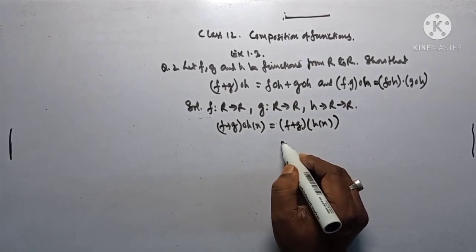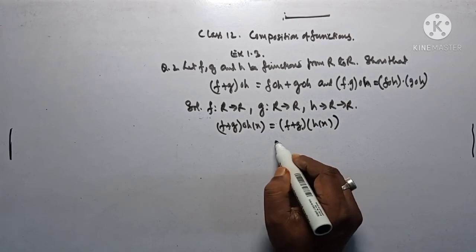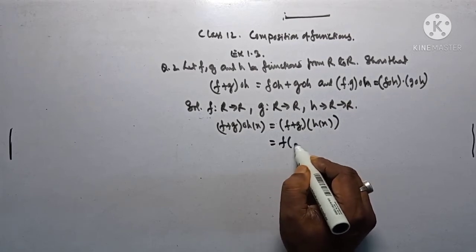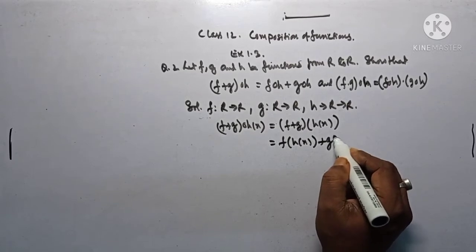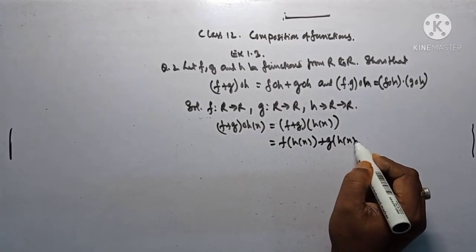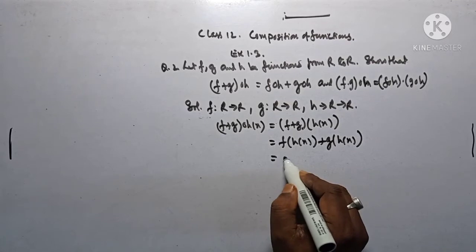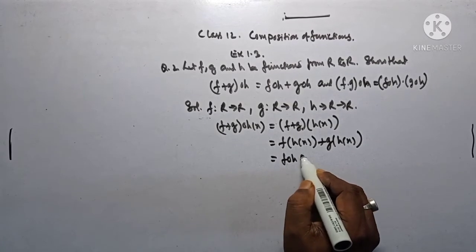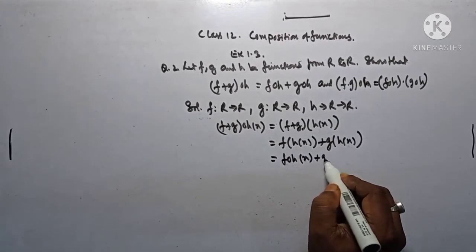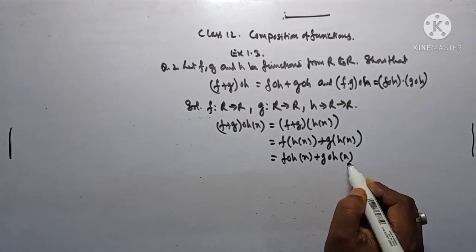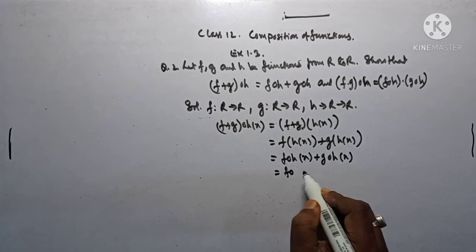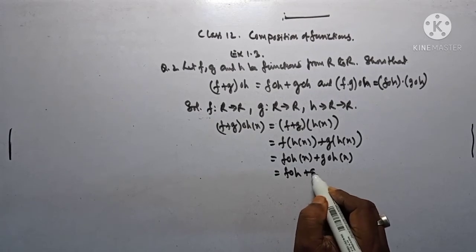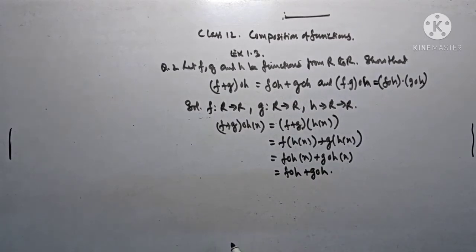This is what we call a distributive property, so it is f(h(x)) + g(h(x)). So you can say that f o h + g o h.